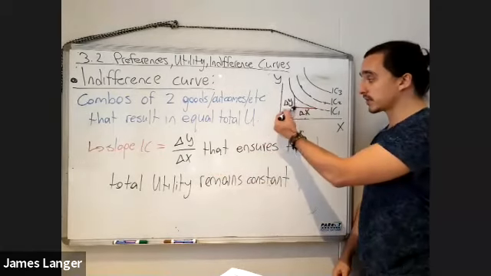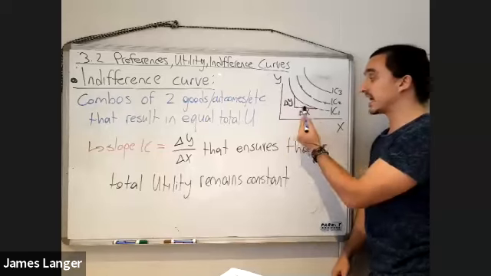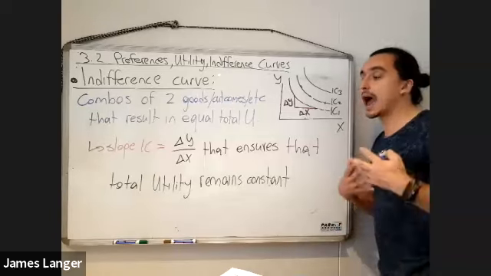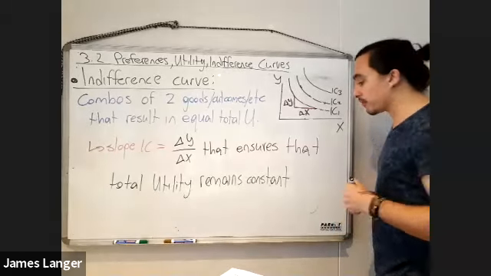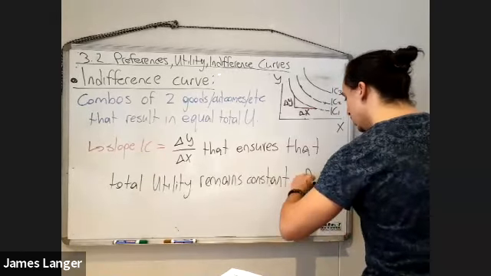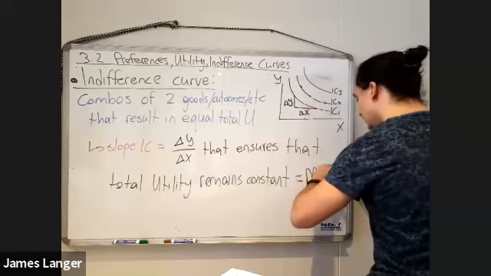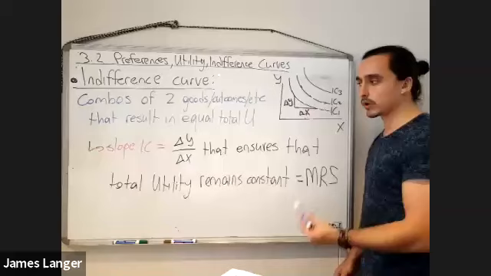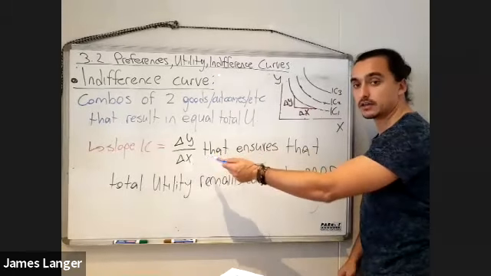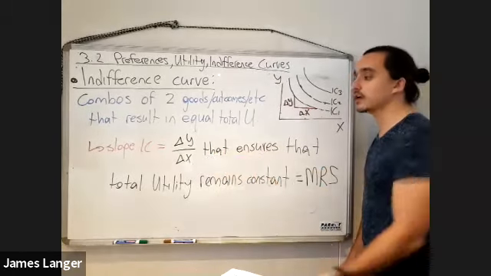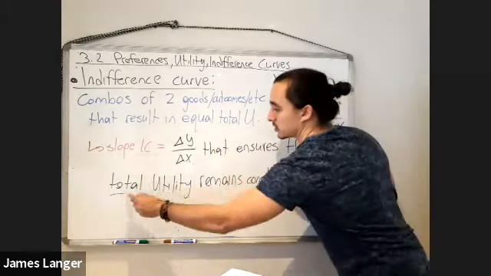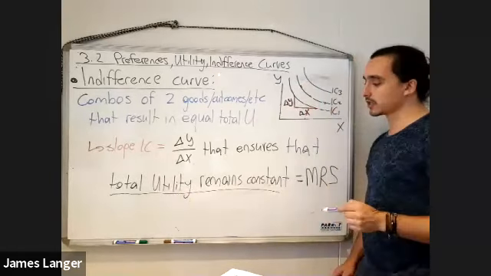I'm going to give up this much y, and I'm going to get this much x, and I'm going to stay equally happy. And we refer to that as the marginal rate of substitution. It's the rate at which I will give up y, I will substitute y for more x and maintain total utility that is constant.